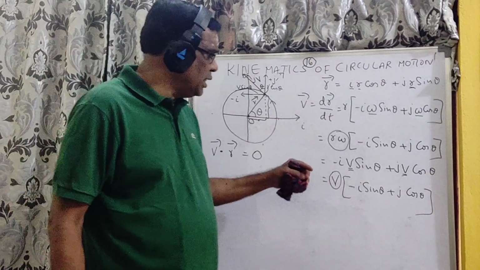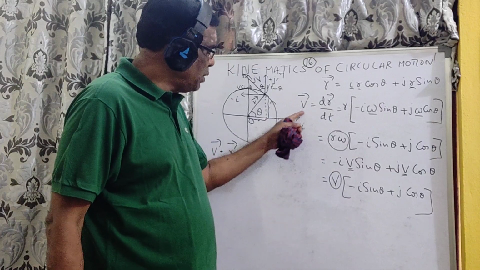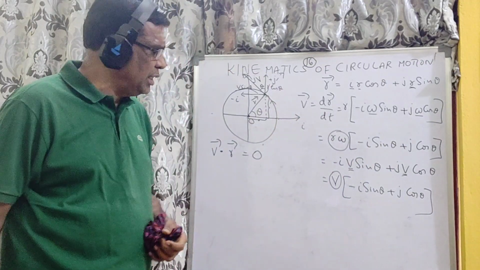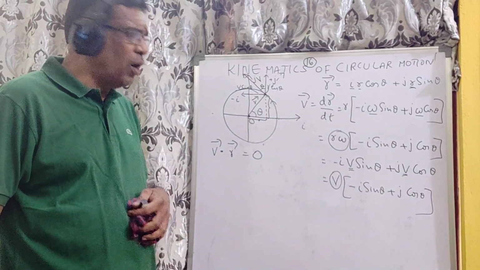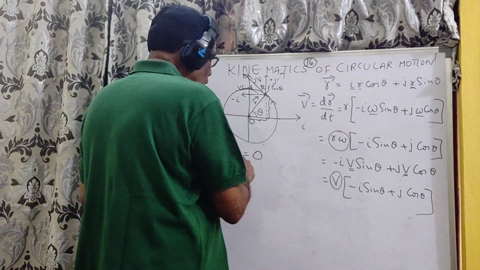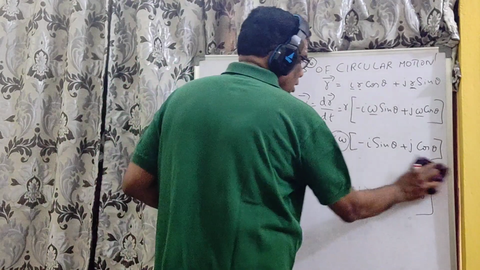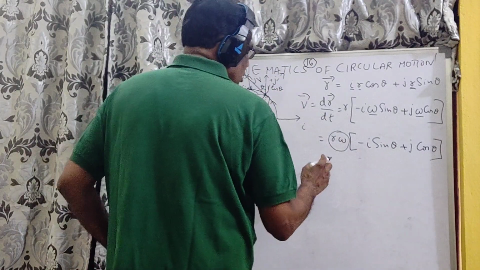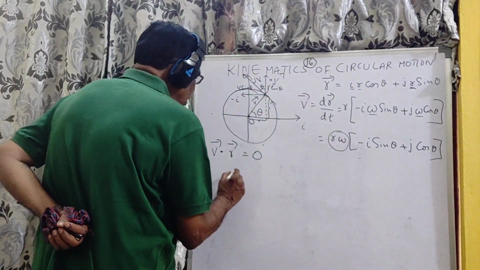Now, the question is, how to express V vectorially, in terms of R and omega. Okay? First, I think you got this. I will erase this. Now this V bar, what is omega?